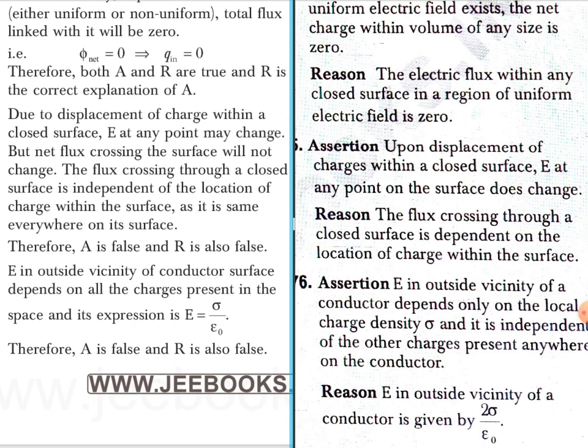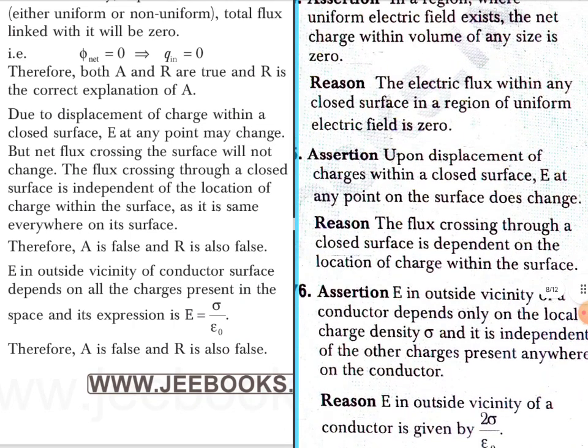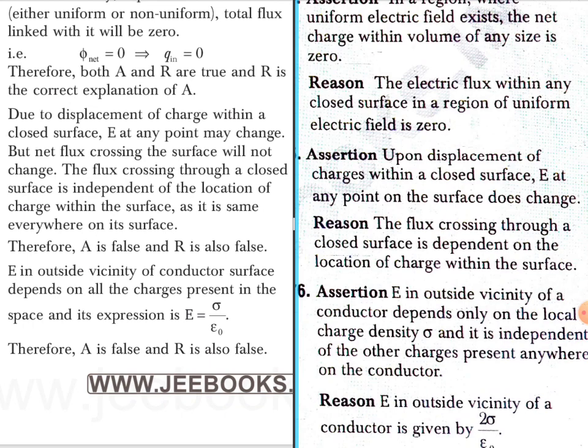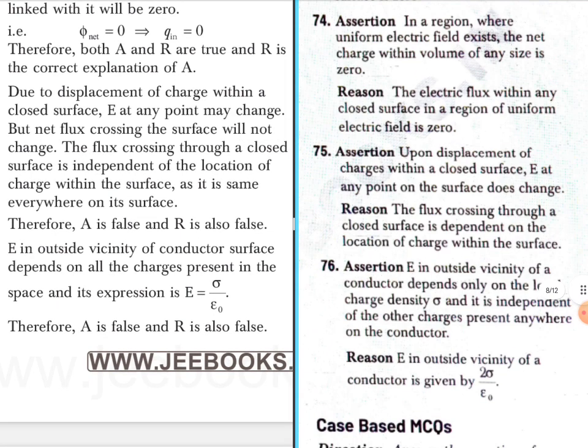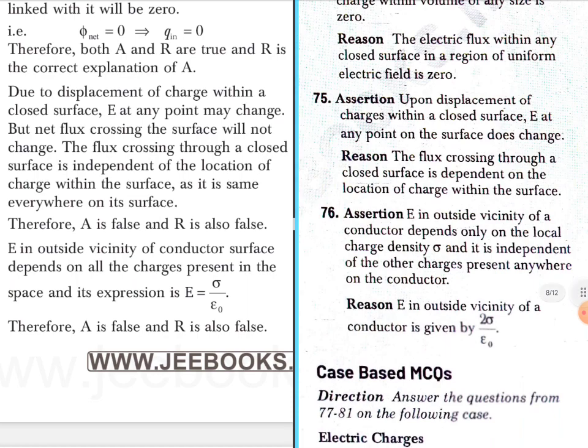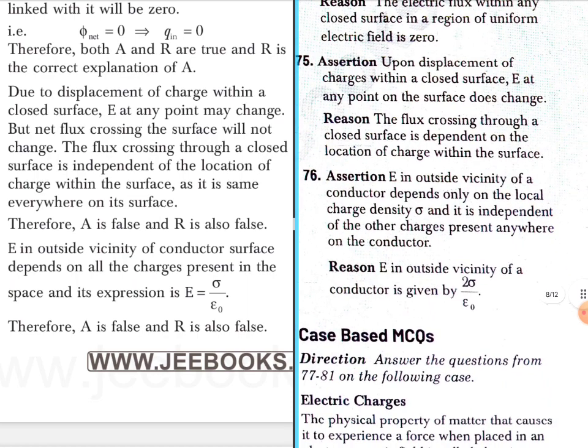And the reason, the flux crossing the closed surface is dependent on the location. The flux will never depend on the location. It only depends on the enclosed charge. So according to me, the reason is false, and the assertion, E at any point does change, is true. So the assertion is true and the reason is false, but the key seems to say something else. We'll discuss this in the class, but just see what you've written. If you've written what I said, it's fine.